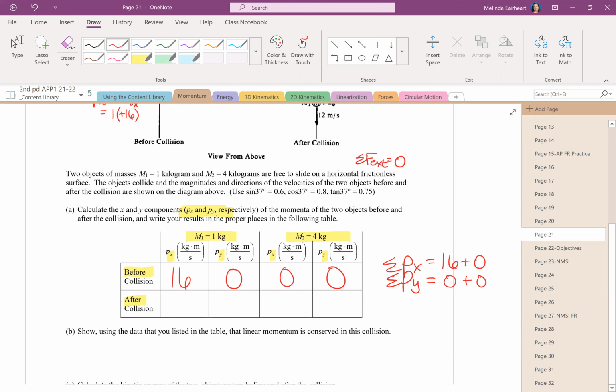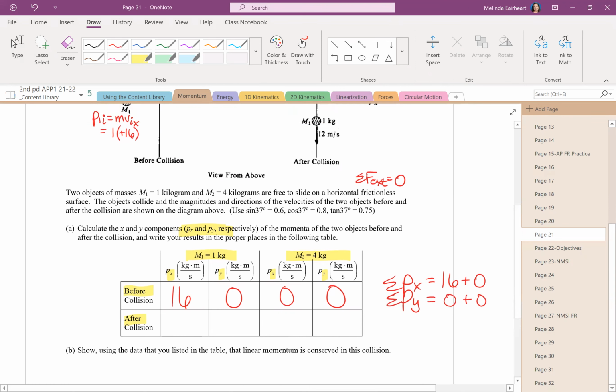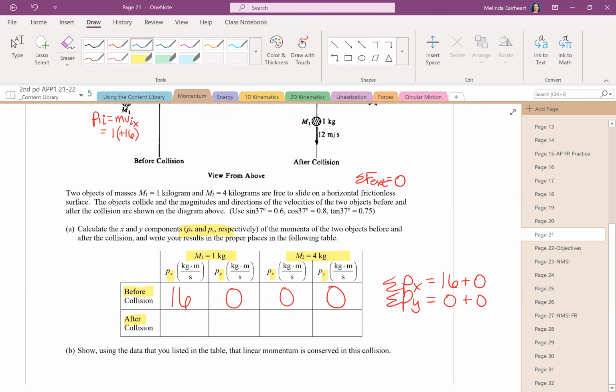Okay. After the collision, ball 1, what does it do? Well, if we go back up to the picture, there's no more horizontal. So the horizontal square would get 0. Does it mean that the next one is 16? Conservation of momentum isn't per object, it's per dimension. And so no, it's not 16.